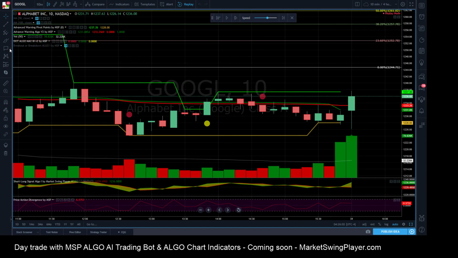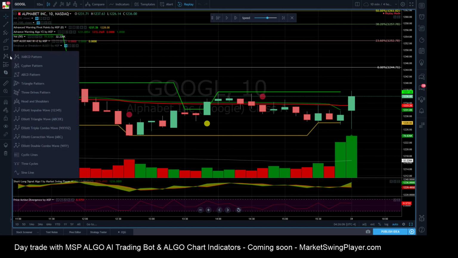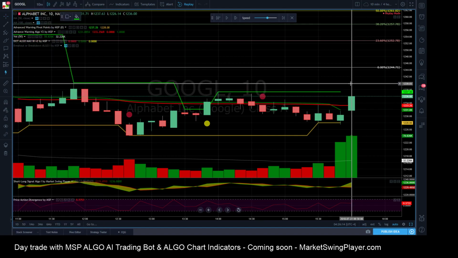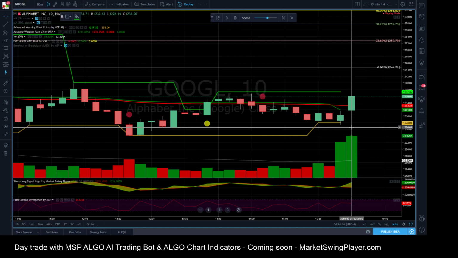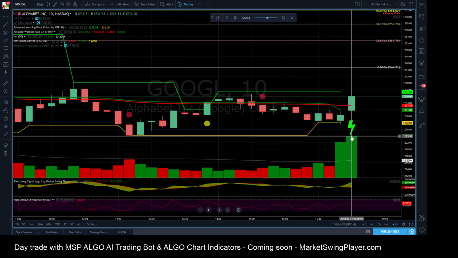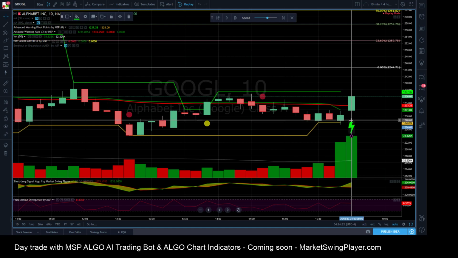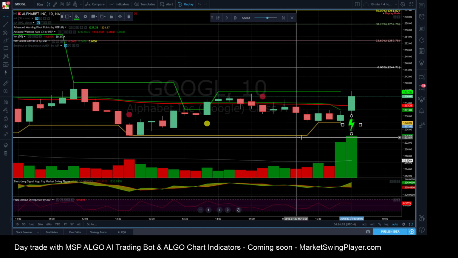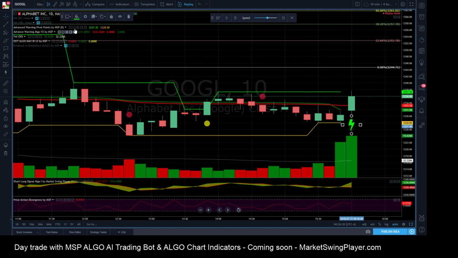Alright, when the market opened, we got a measured move alert at 9. Okay, so that's my little icon for measured move alert there.